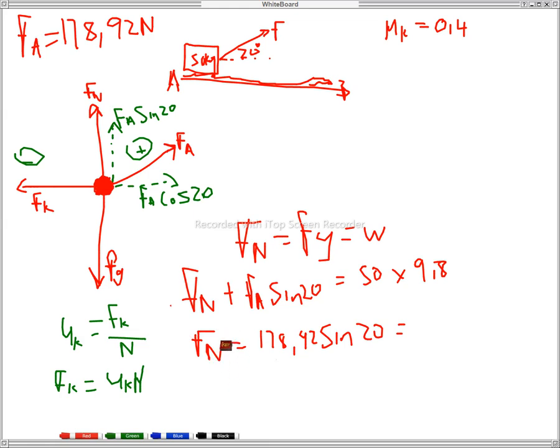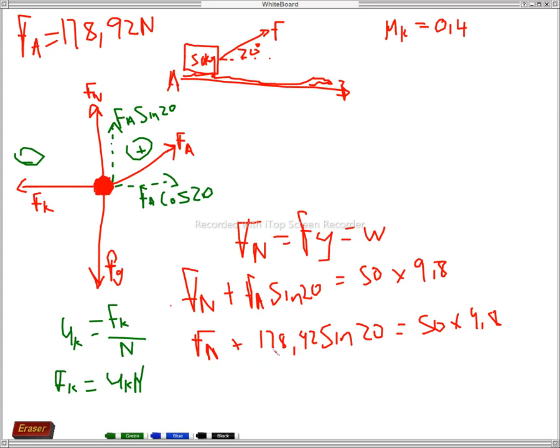Plus 50 times 9.8 there. Therefore, you just punch it on your calculator, or you can easily transpose that one to the other side. It's all up to you.